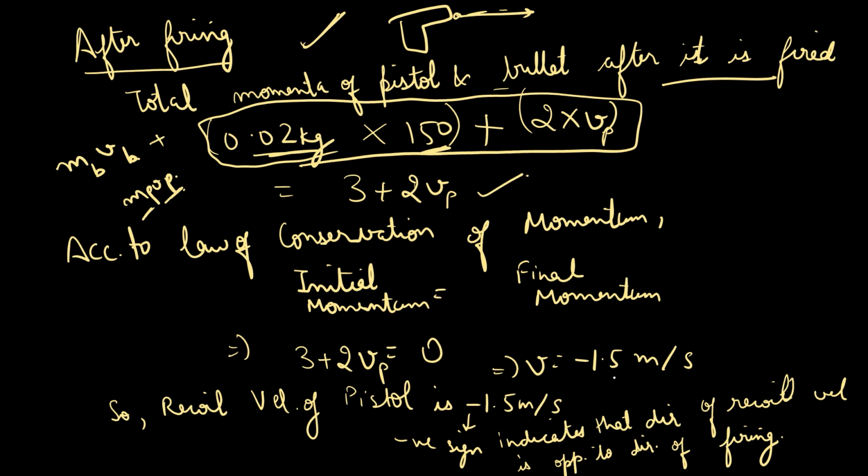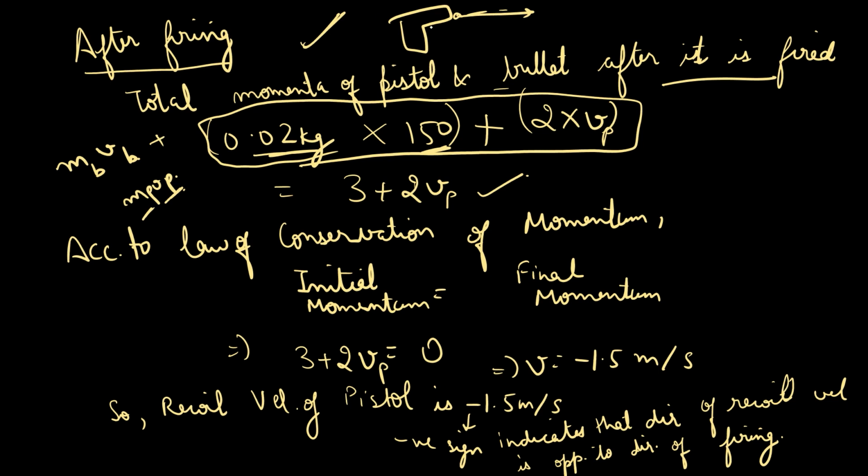So you can see this minus sign denotes that the recoil velocity is in the opposite direction. If the bullet was fired from left to right, your recoil velocity is from right to left. That's why when you fire, your hand moves a bit backwards.